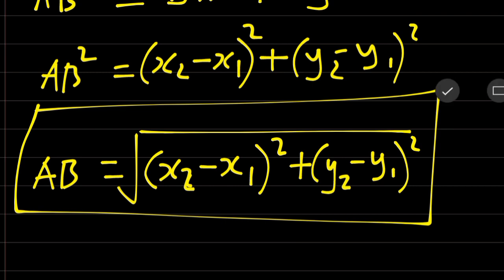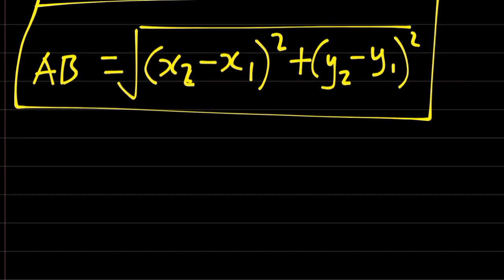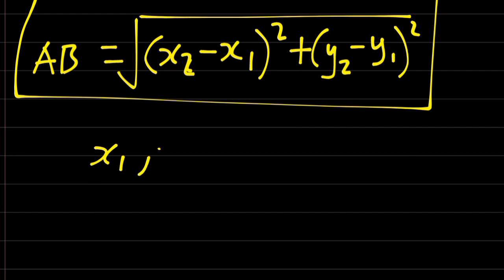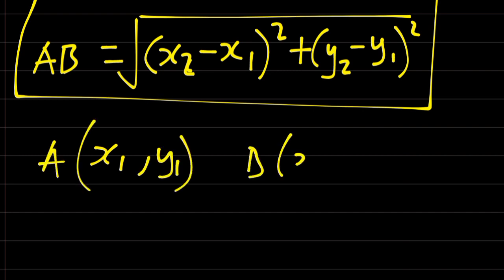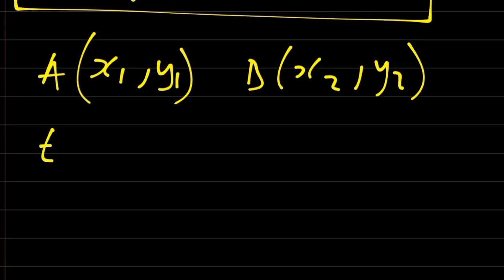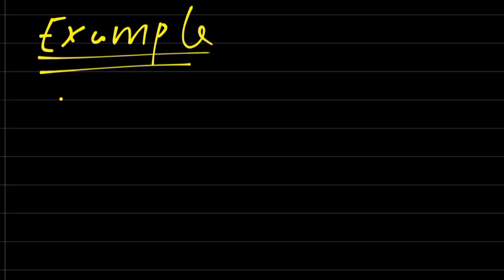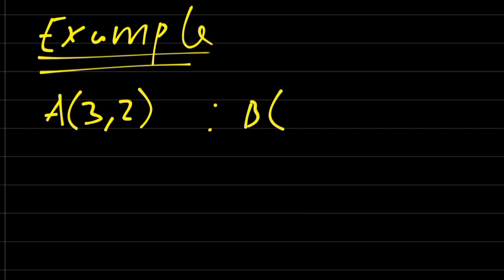When the coordinates of 2 points are given, the points are x1, y1, point A, and point B is x2, y2. Let's take an example. Take for instance, we have point A as 3, 2, and point B as 4, 5.